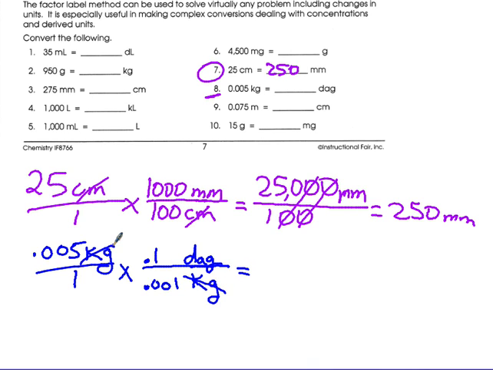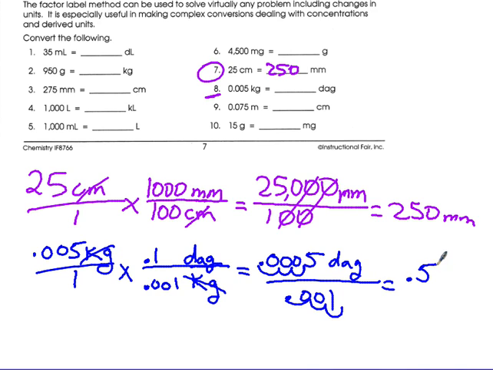Kilograms cancel, and I'm left with 0.1 times 0.005 over 0.001. Now here the decimal places can be moved over. So it would be 0.5 decagrams. And that makes sense because a decagram is a smaller unit, so I'd have more of them in the same quantity of a kilogram.